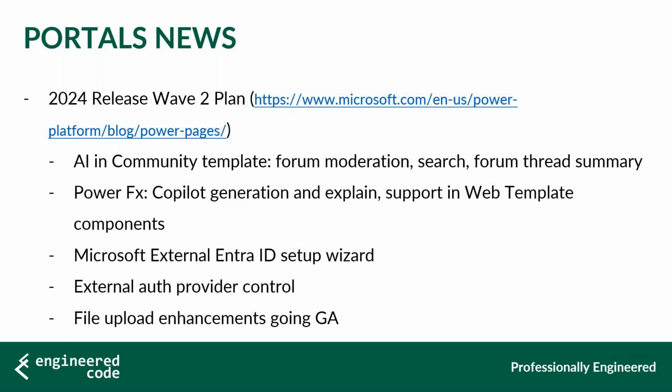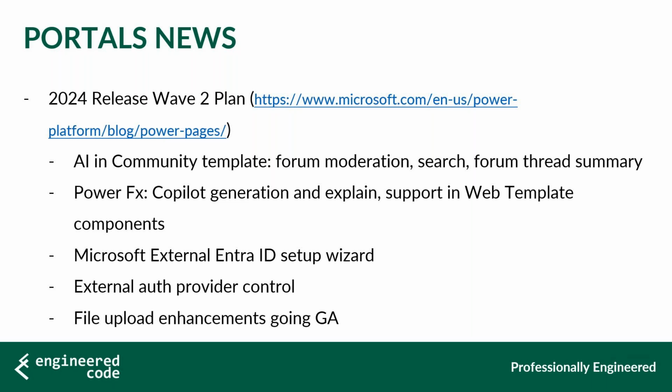So specifically related to Power Pages, what do we see? In the Copilot area, there are some AI enhancements for the community template, and this is mostly around forums. If you're leveraging forums in that community template, they have automated moderation.